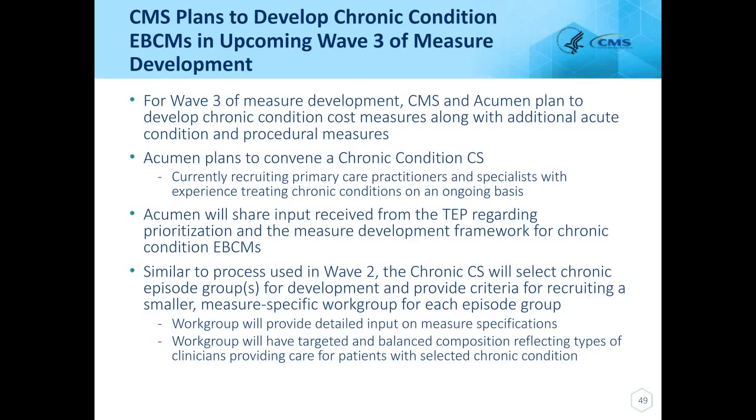The process that we'll follow is similar to what we did in Wave 2, where we'll have a broader committee who will help select the episode groups for development, and then also provide input on the composition of a smaller work group who will go through the process and provide very detailed input to build out each aspect of the measure. Next slide, please.